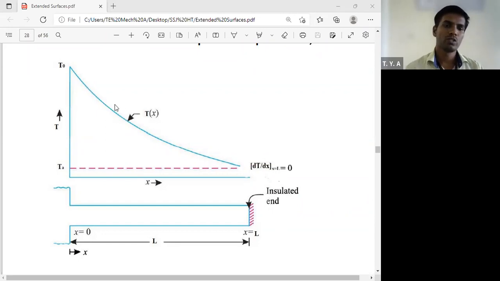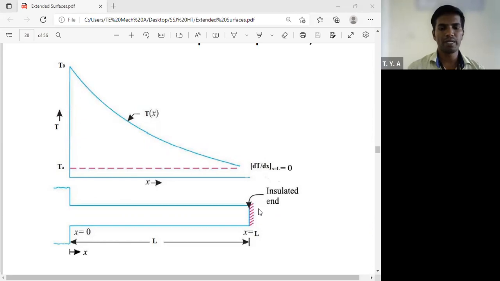Okay, so T0 is nothing but base temperature which is at x is equal to 0. So this is the temperature profile for that particular fin, and at the end we have to insulate it. So therefore the heat transfer will not be taking place, so the temperature change with respect to thickness at the end becomes 0.